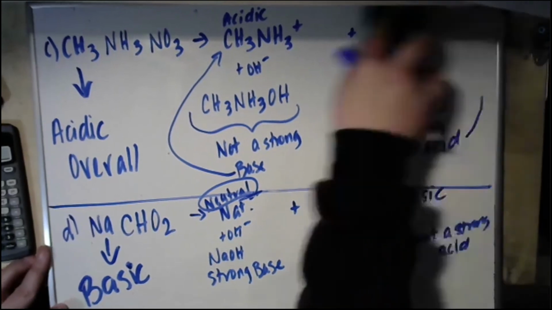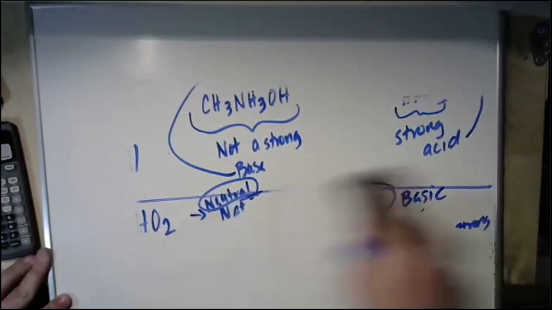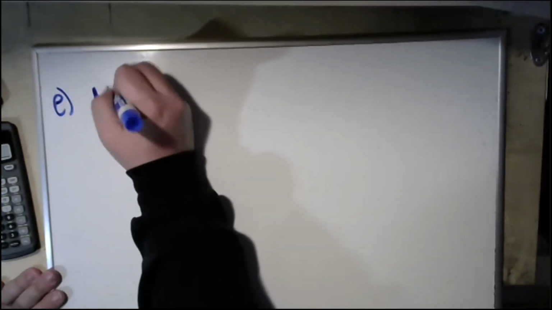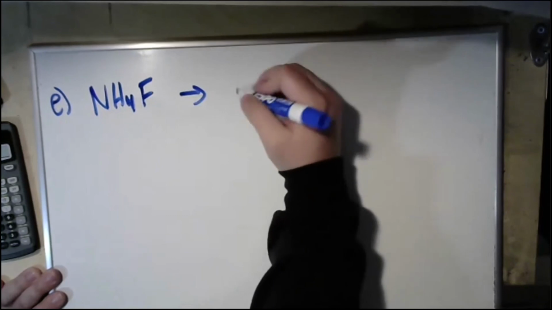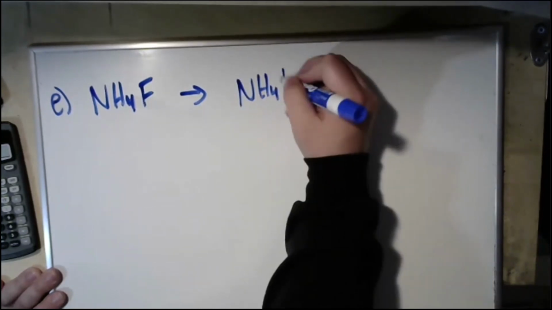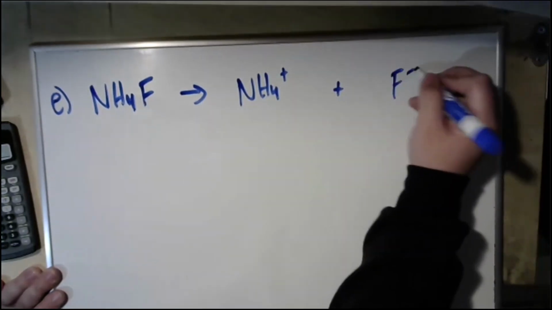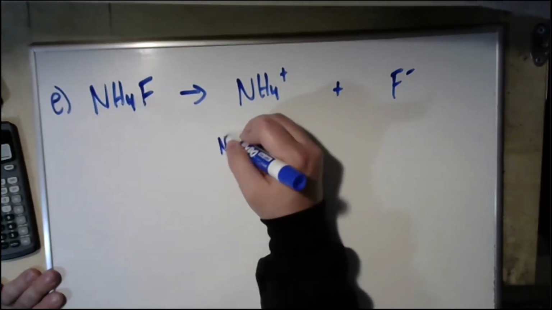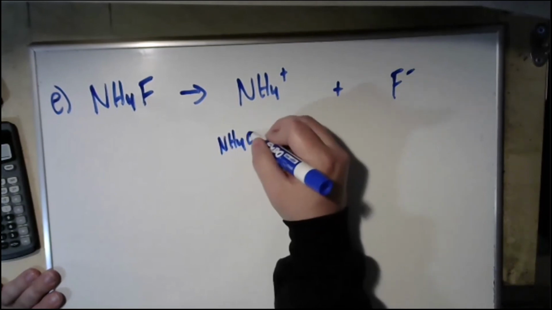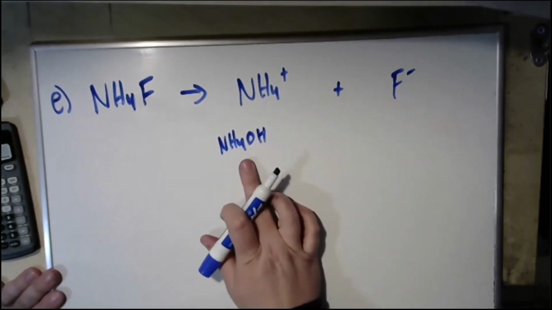Okay. My last example involves the most work out of all of them. So I have NH4F. When this ionizes, it's going to form NH4 plus ions and F minus ions. If I combine my NH4 with a hydroxide ion, I'm going to form NH4OH.